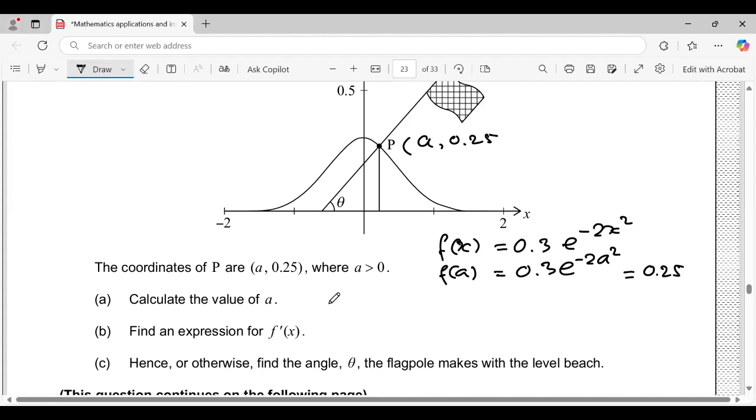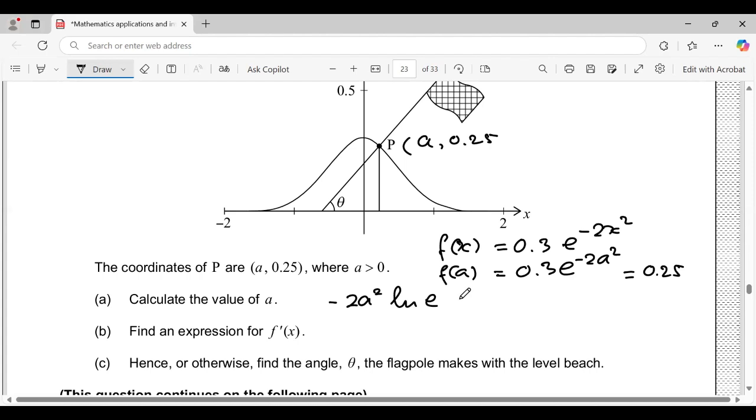So we can rearrange, it becomes e to the power minus 2a squared equals 0.25 divided by 0.3.